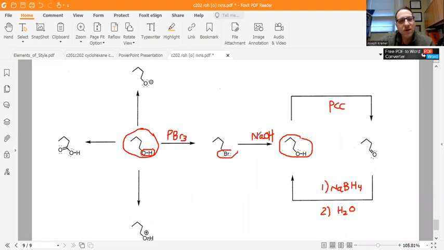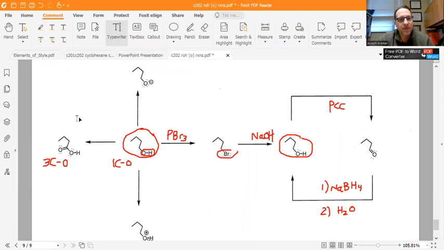Now you have an OH there. So what do you want? And here we have 1 carbon oxygen bond to 3 carbon oxygen bonds. What do you think that could be? Ooh, it's not the one-step reagent, is it?